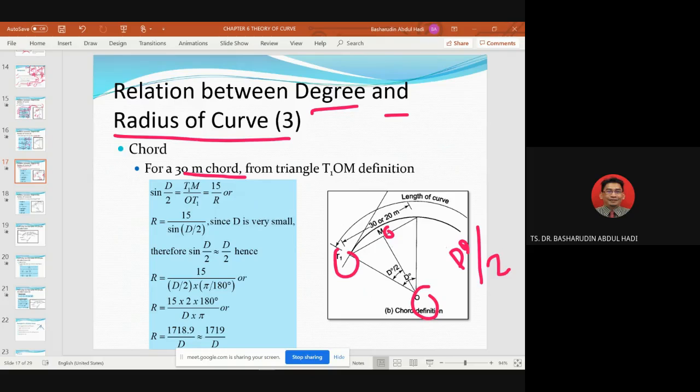So for the 30-meter chord from triangle T1OM, sine D over 2, where D is the angle for the 30-meter chord length. What is D? We want to search for D. So sine D over 2 equals T1M divided by OT1, equals 15 over R, your radius. So you arrange it back like this.